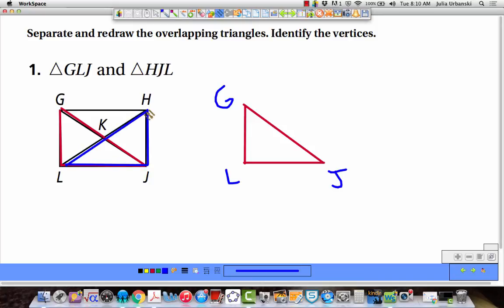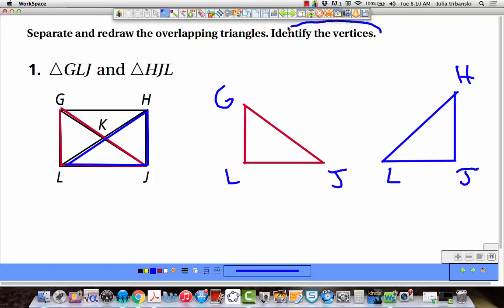And so when you draw it, just draw it the same over here and put the letters in the right places. It doesn't matter if you put one on the left or one on the right. All that matters is that they're both there. HJL. Okay, so that's all you're doing for the first one. Identify the vertices. So you're just going to put them in the right places. Any question on that? You're going to have to finish that page tomorrow.